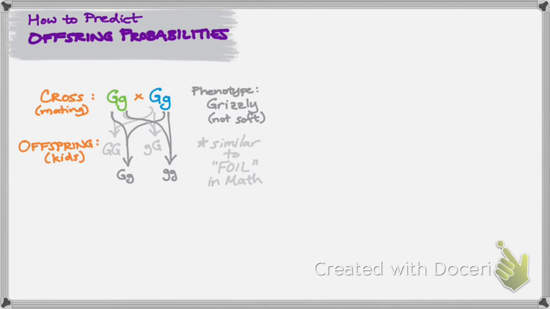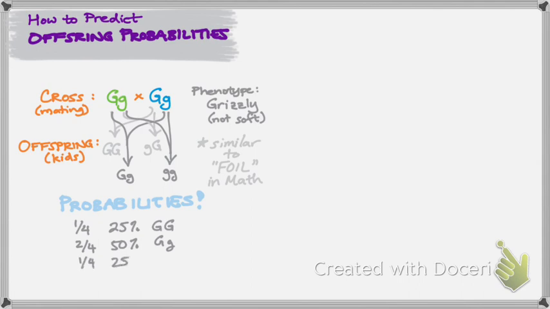Before we do that, let's just look at the results. Remember, these are probabilities, not actual predictions of what's going to happen. It's not actually that the first kid will be big G, or anything like that. You'll notice that there's a 25% likelihood, a 1 in 4 shot, of having a homozygous dominant kid, a 2 out of 4 chance of a heterozygous kid, and a 1 in 4 chance of homozygous recessive.